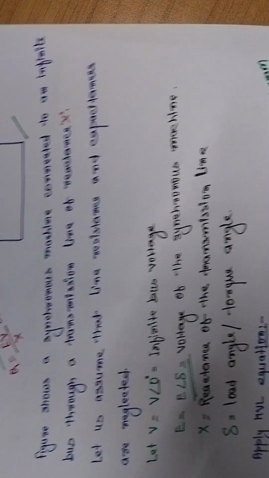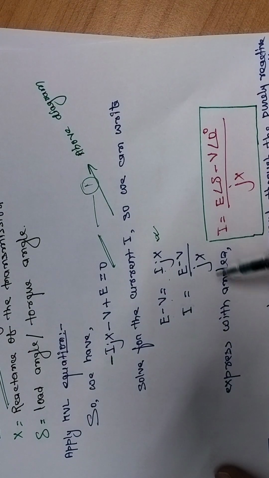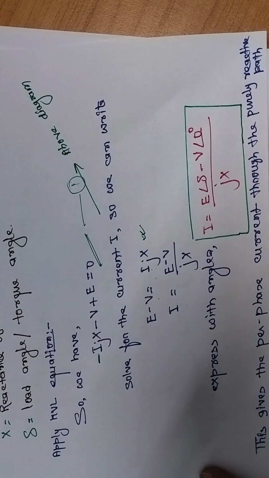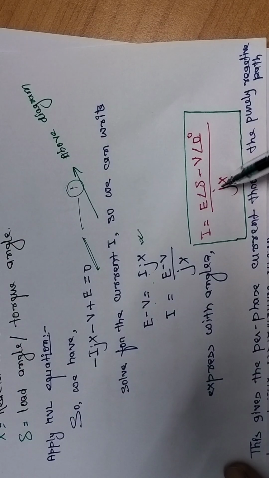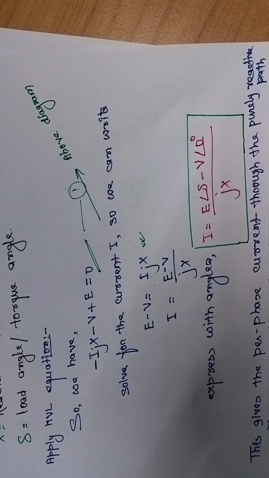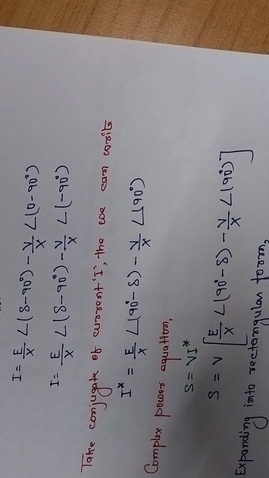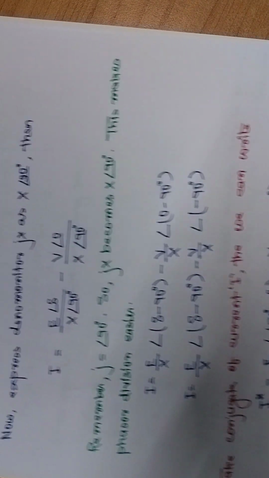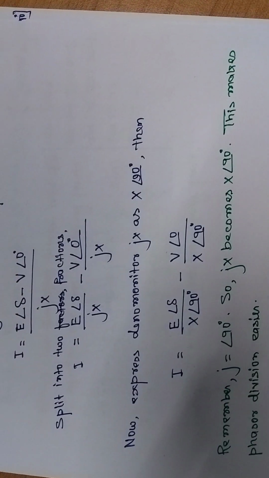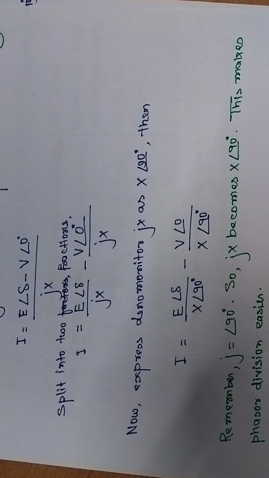So these things we have to remember: first, I equals E minus V by jX, and in terms of angles, I equals E of angle delta minus V of angle 0 by jX. Now the next step is expanding the current equation.